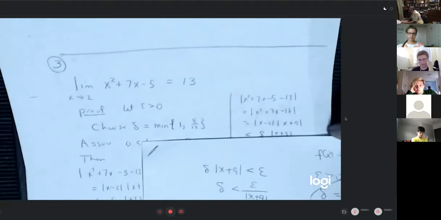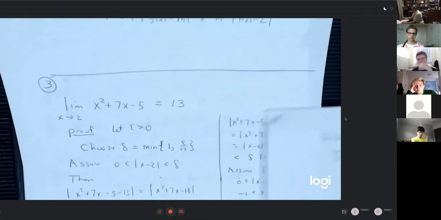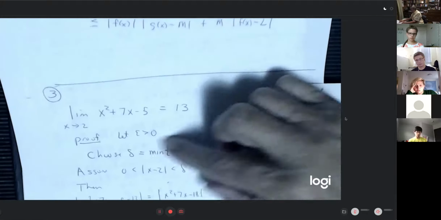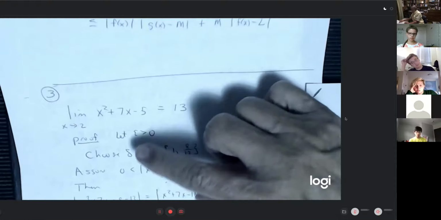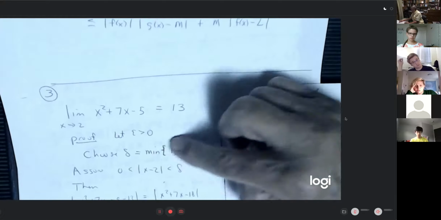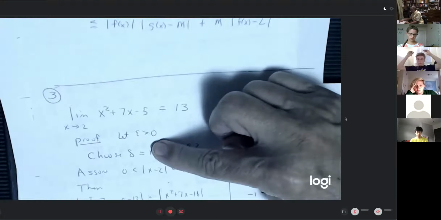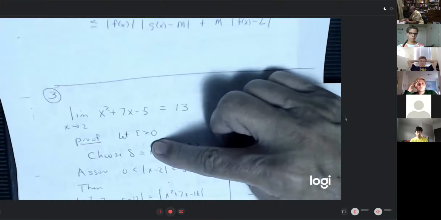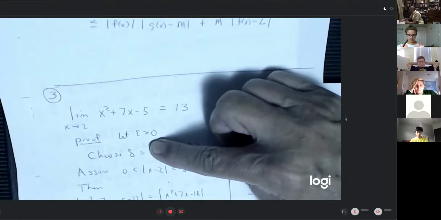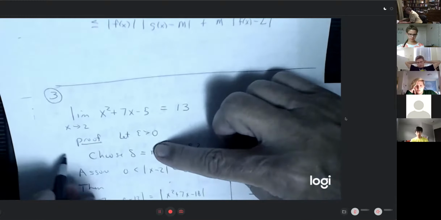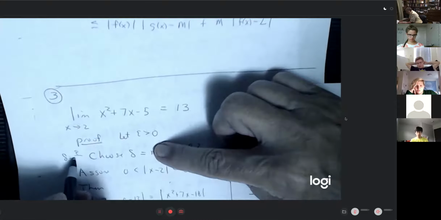In the proof, suppose that in the proof, and here's the proof now, I have an epsilon, you choose a delta. Suppose I didn't choose a delta like whatever's under my finger. Suppose I chose it to be epsilon over x plus 9. Okay? Suppose right here I say delta is epsilon over absolute value of x plus 9. Suppose that's my choice.